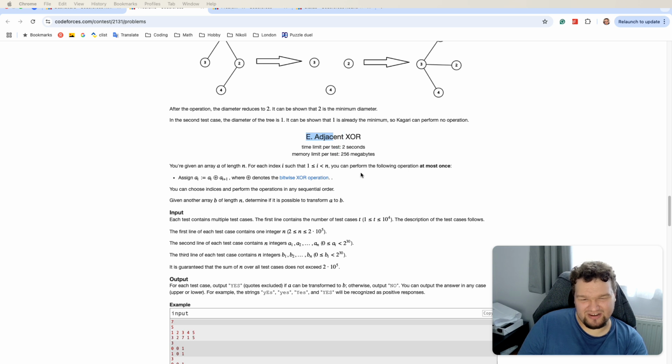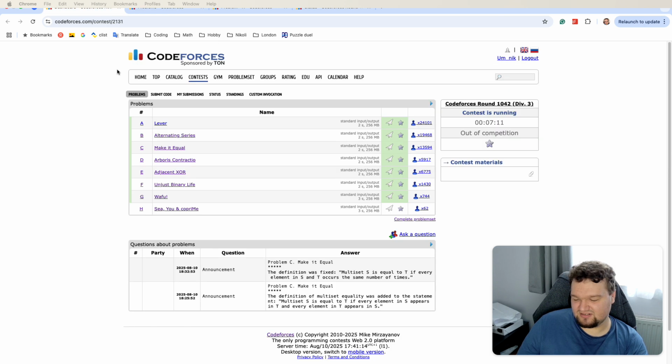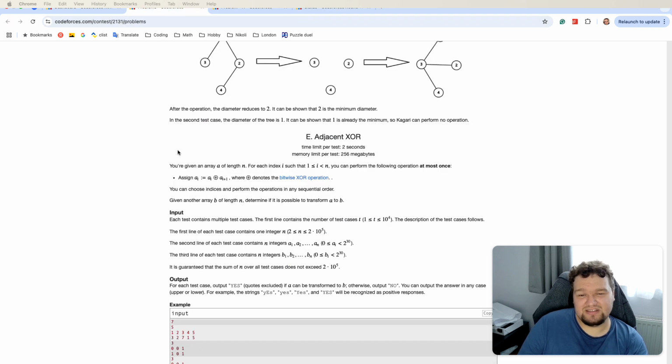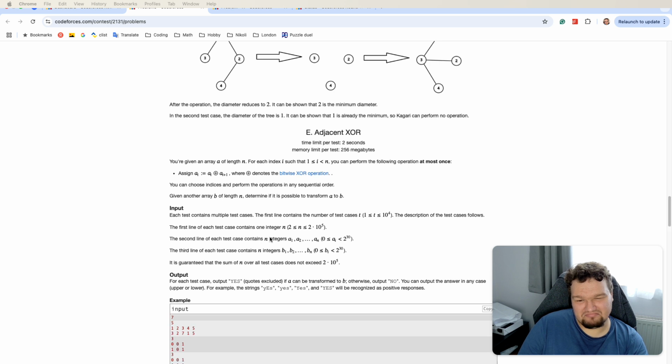And E is very nice. I like E, and it is solved a lot. Still don't have accepted. Interesting. I don't think this one is guessable though. I mean, there's not a lot to check, but I don't know.